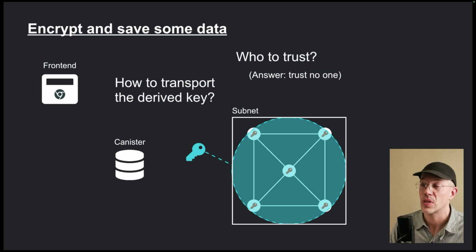And the answer, of course, is we should trust no one. This is a trustless environment. So when I say we trust no one, that means we don't even trust the nodes of the IC network, because an individual node can be malicious. So the nodes, the canister, none of these should at any time have access to the key that we have generated.